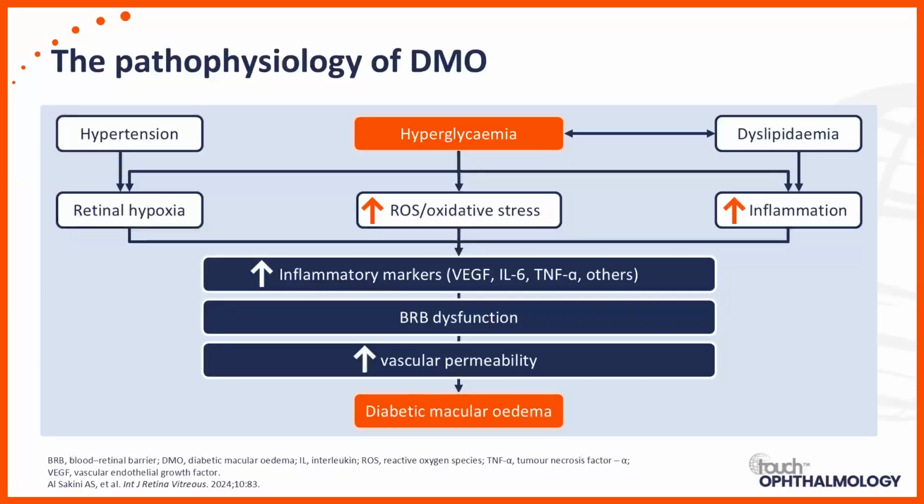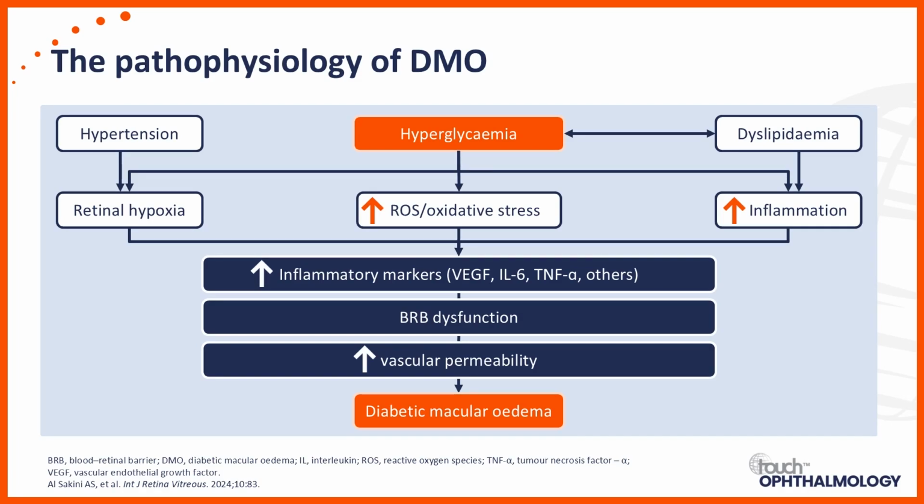So the pathophysiology of diabetic macular edema is complex. DMEO is caused by an imbalance between the fluid entry, fluid exit, and retinal hydraulic conductivity, which leads to an accumulation of intraretinal fluid. The major cause is definitely chronic hyperglycemia, which leads to retinal hypoxia, an increase of reactive oxygen species, and also an increase of inflammation.